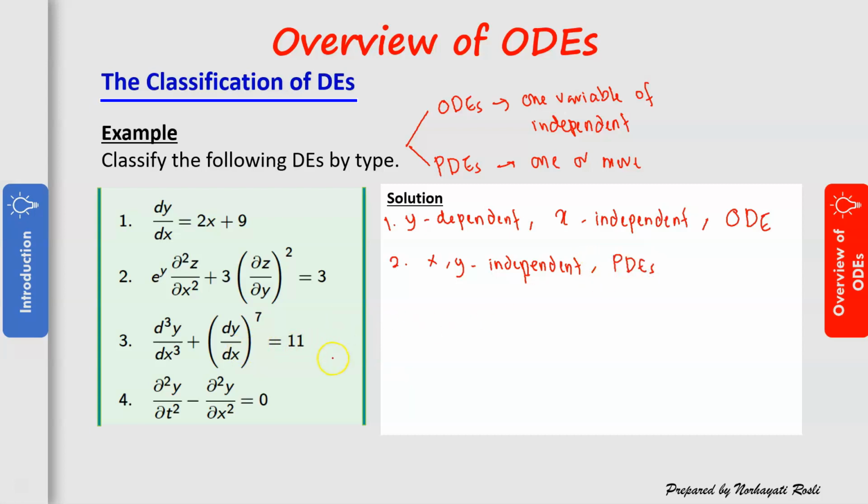And then number 3 here, which has only one independent variable, so it is an ordinary differential equation. But for number 4, we have two independent variables, which are p and x. So here we say that it is a partial differential equation.